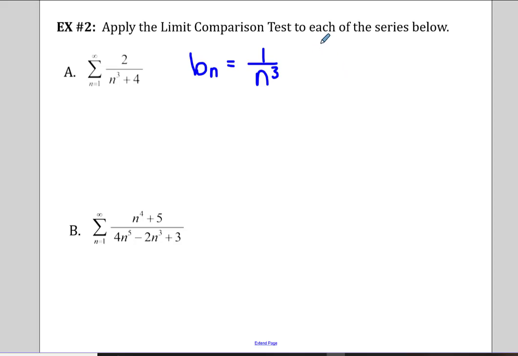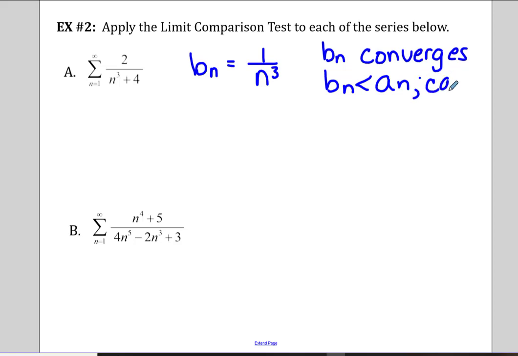You might want to write that down. We know b sub n converges, but b sub n is less than a sub n. And because of that, we can't use the direct comparison test. But we can use the limit test.